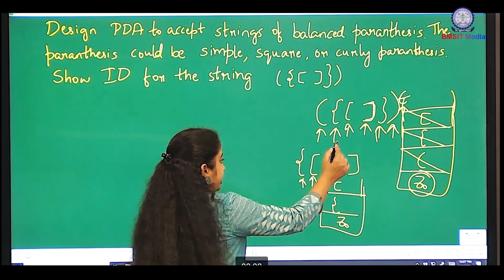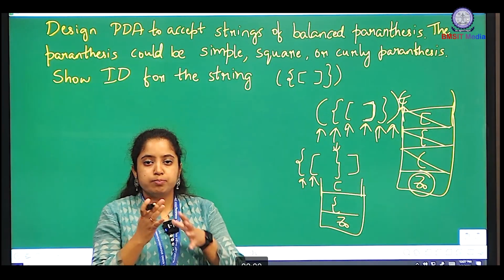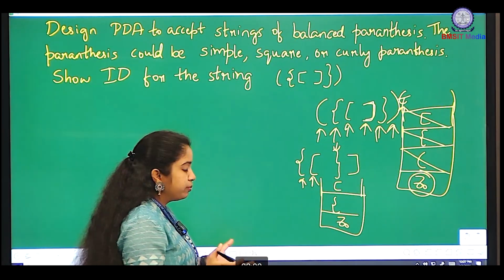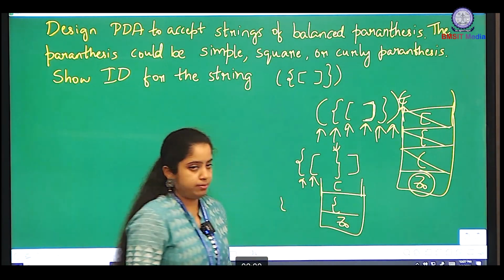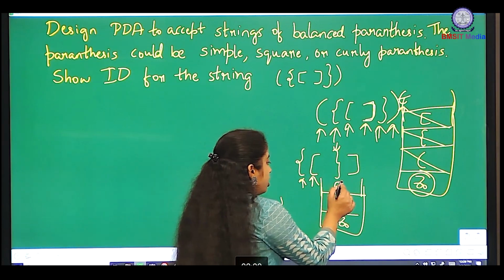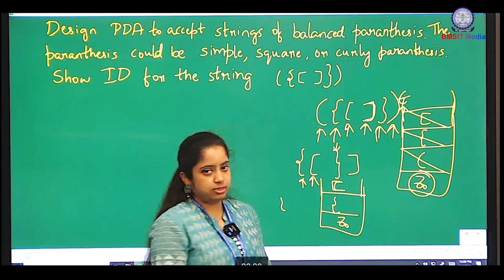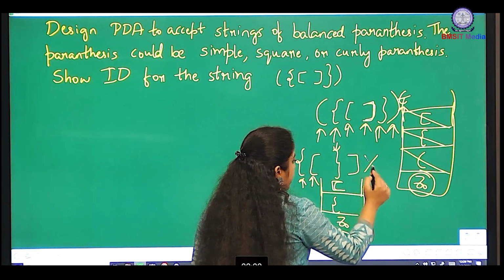Now, you are reading a closed curly parenthesis. If it is a balanced parenthesis, what should be there in the stack? It has to have an open curly brace. But what is there in the stack? We have an open square brace. So, this should not be accepted.